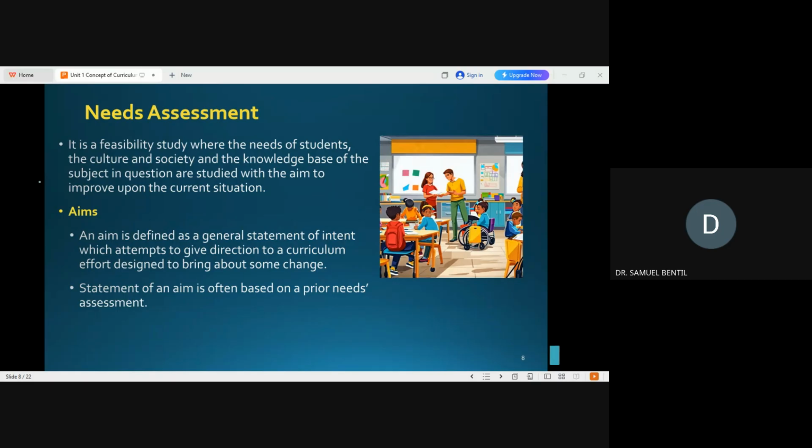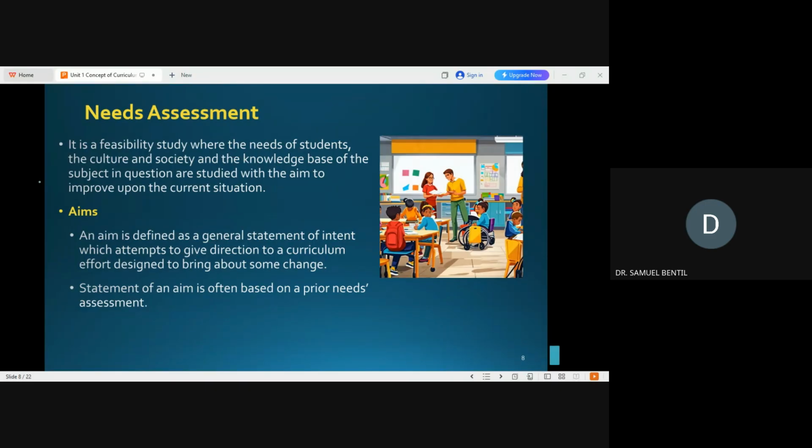But goals also lack specificity. They are not specific and not measurable. So curriculum objectives come in to make it more so. Curriculum objectives are specific statements reflective of specific direction and measurability, which reflects the concept of SMART when it comes to stating objectives. So these are the three differences between aims, goals, and objectives.